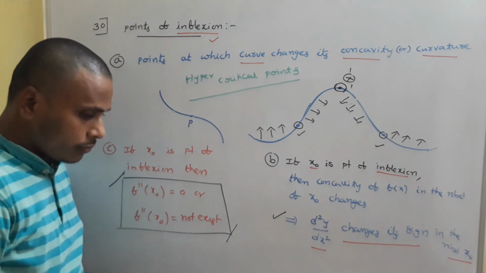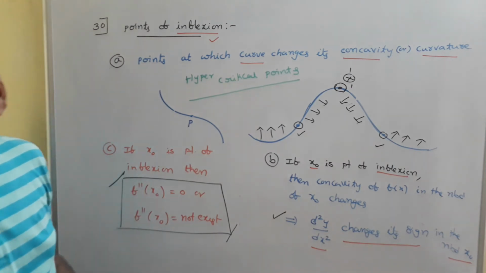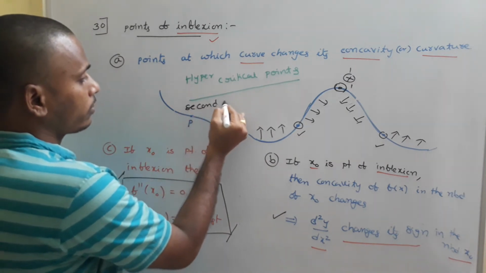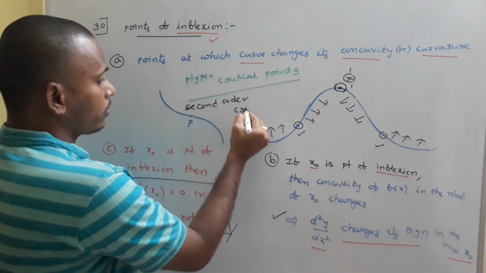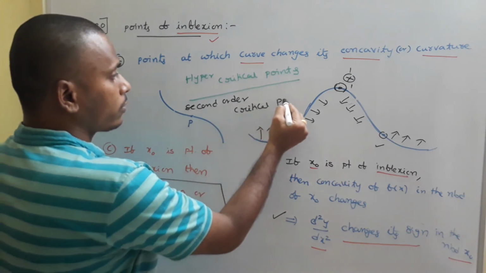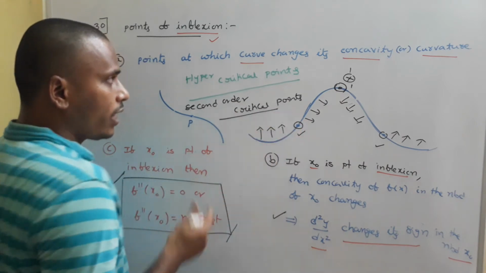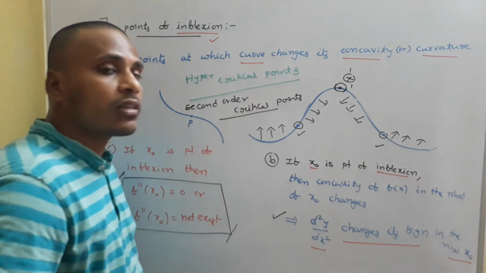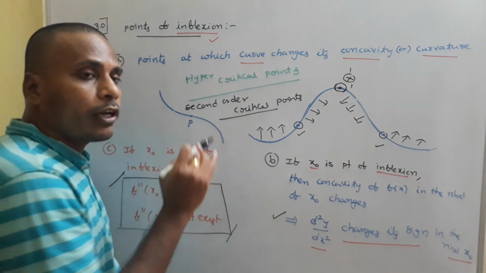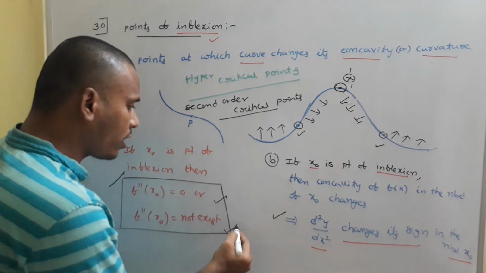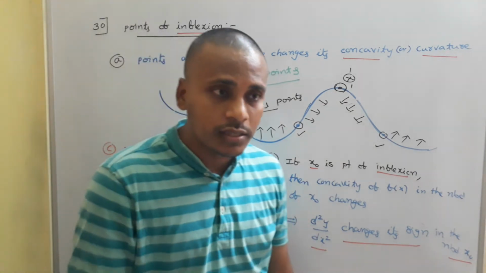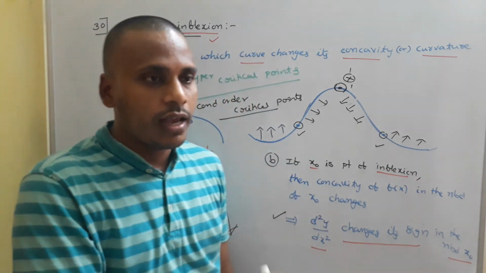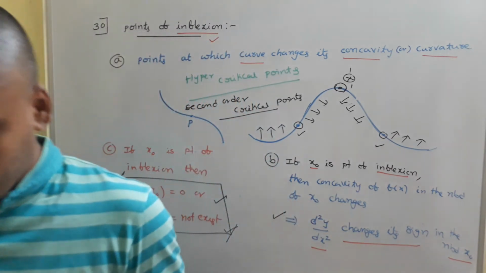We call them hypercritical points or second order critical points. At the end, a point of inflection is also called a hypercritical point or second order critical point, and at these points the second derivative is either 0 or does not exist, and these points help us in analyzing the curvature of the functions at different points.